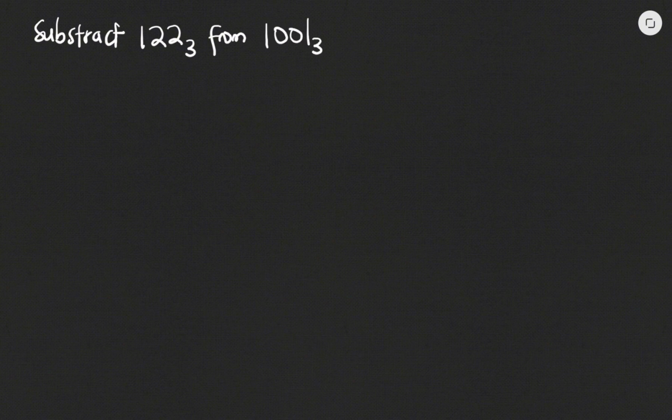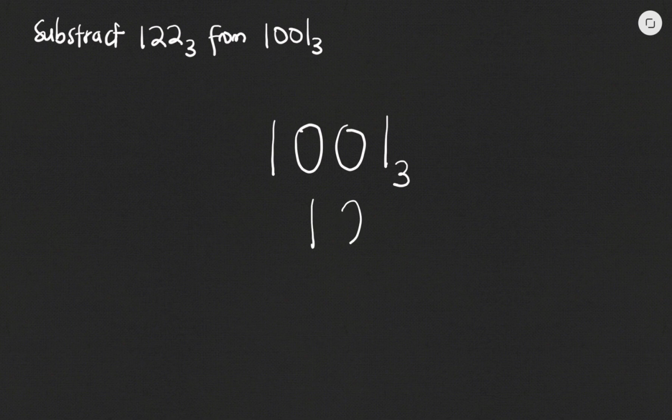All right, now if we look at the sentence we've been given, they say subtract 122 base 3 from 1001 base 3. From means that this is the bigger number and we are subtracting 122 from that. So I'll write the 1001 base 3 first, then I subtract the 122 base 3 from that. So I have my subtraction sign over here.